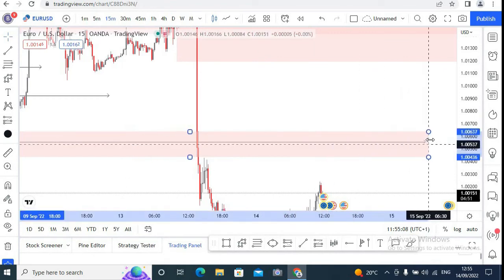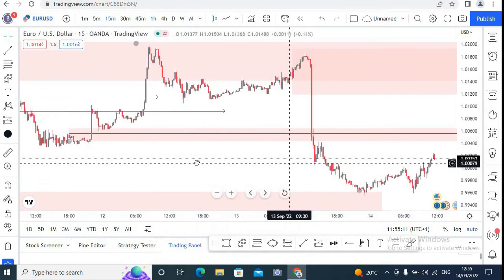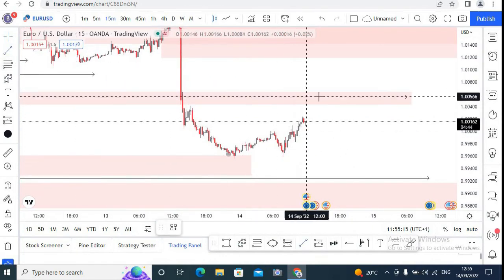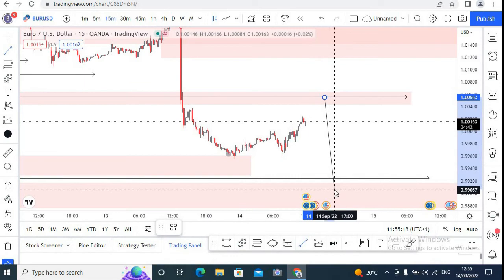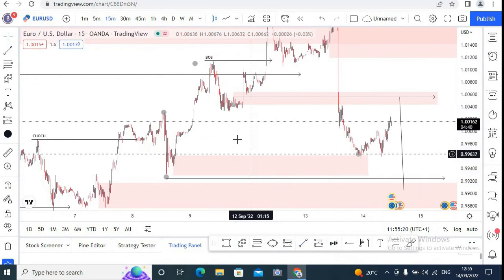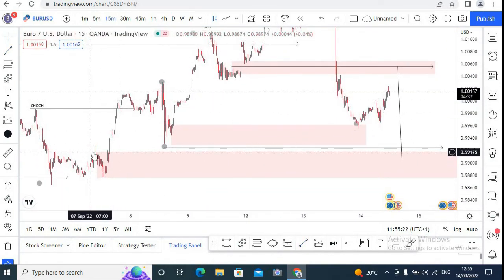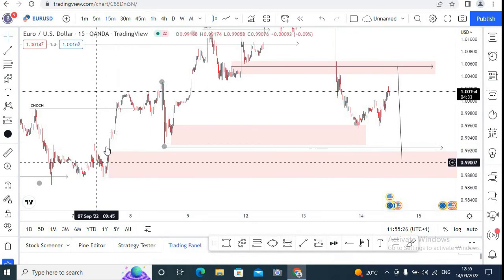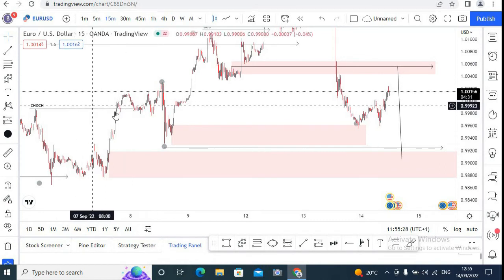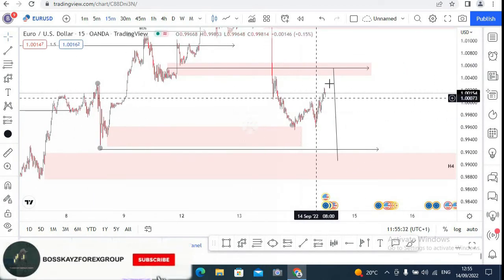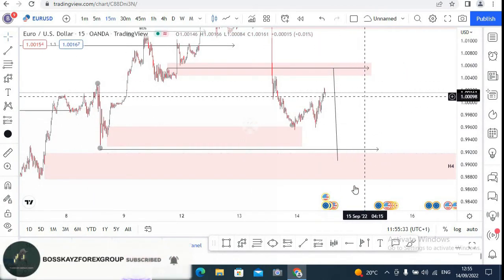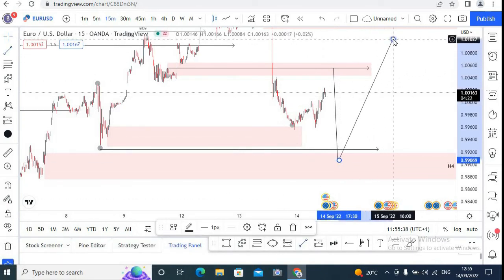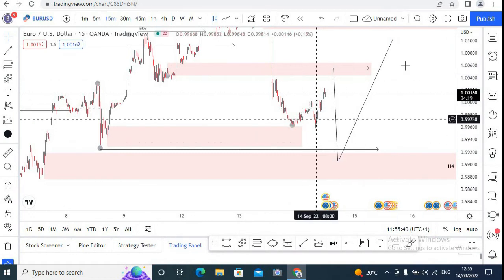That's where you can also anticipate a bearish momentum, a move to the downside, meaning the price has not yet come back to the zone which was responsible for breaking all of those structures. So this was the actual zone which broke all of these structures. So we anticipate price coming back there, and then we can also anticipate a bullish momentum to the upside. So this is what you have to understand.